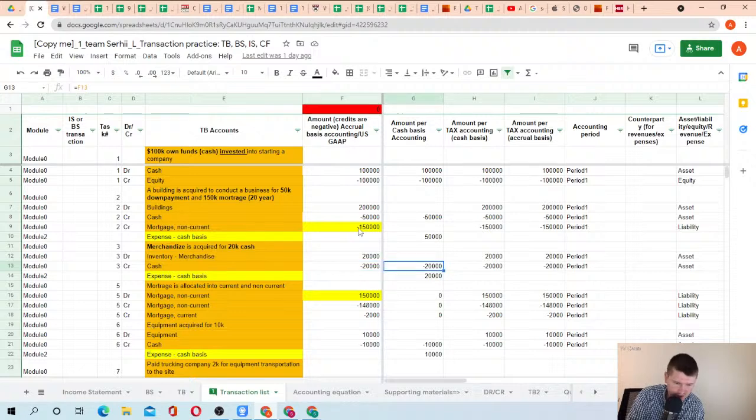Under cash basis of accounting, that will be like a cash expense. And so that's a cash outflow, that's why that's a cash expense. However, in taxation, that is still capitalized.